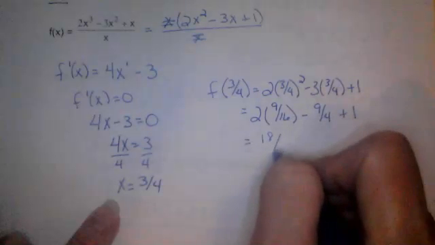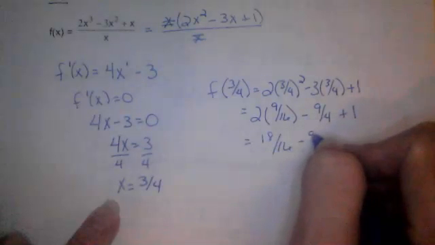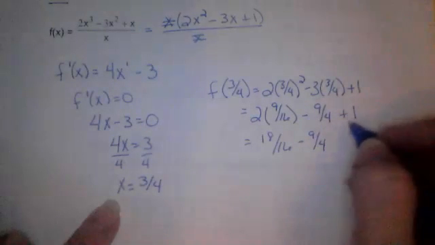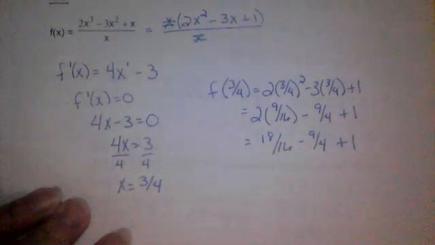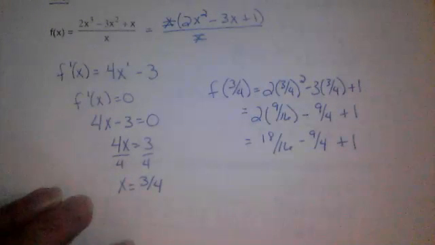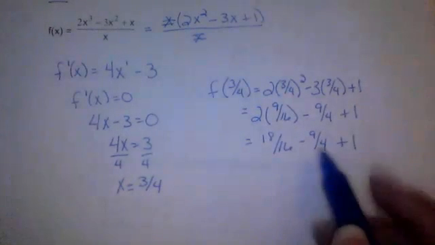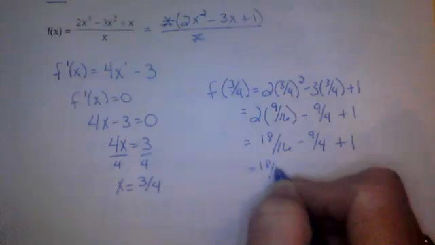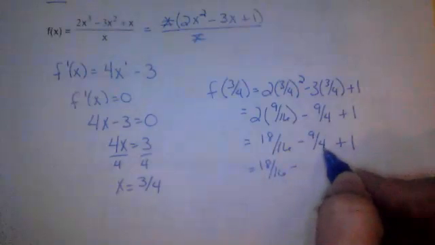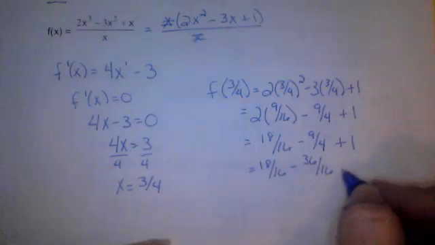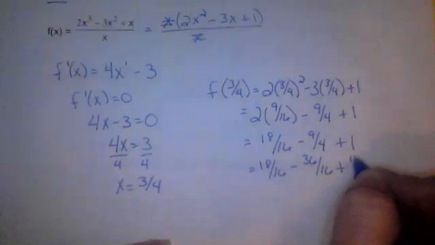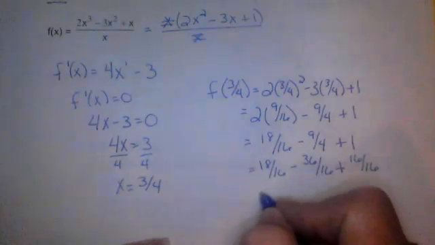So 18/16 minus 9/4 plus 1. And so I could, well, I guess let's go ahead and just change all these to 16ths. 18/16, multiply by 4, so we have 36/16 plus, and then this one 16/16.